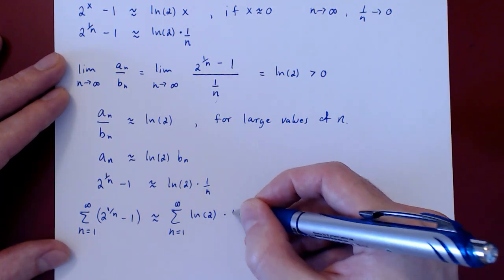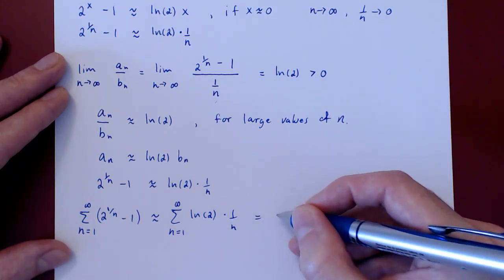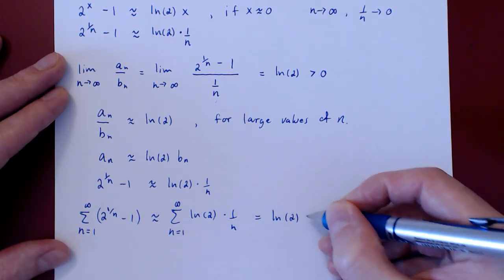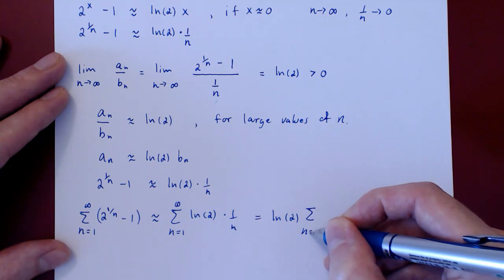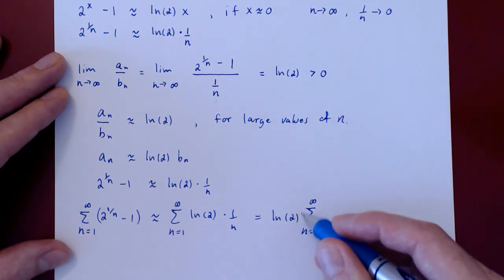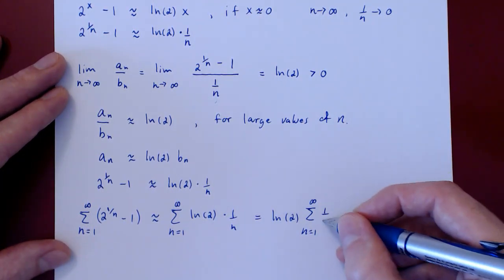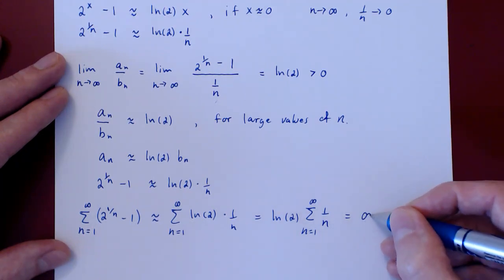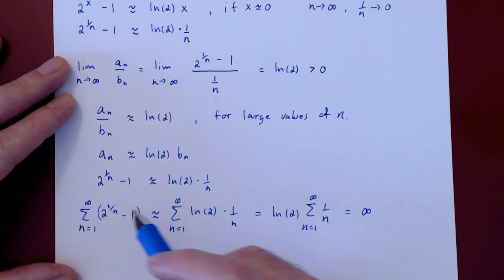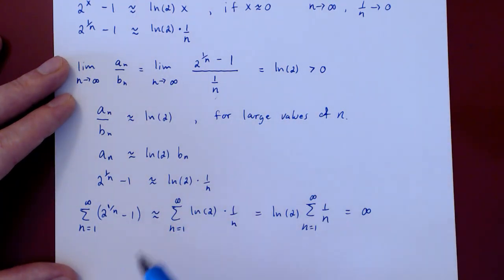And again, as ln of 2 is a constant multiple, we can factor it out. And we have, as previously said, nothing more than a constant multiple of a divergent p-series, and so this is equal to infinity. And so both of these now are in the same order of magnitude by the limit comparison test.